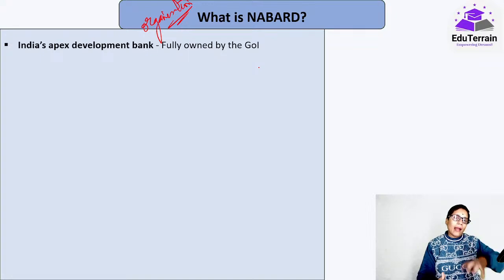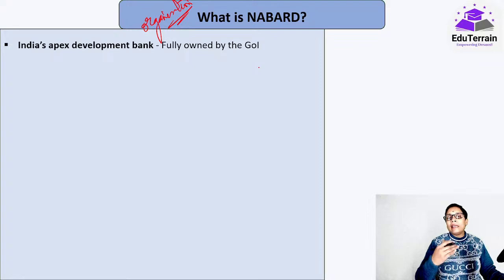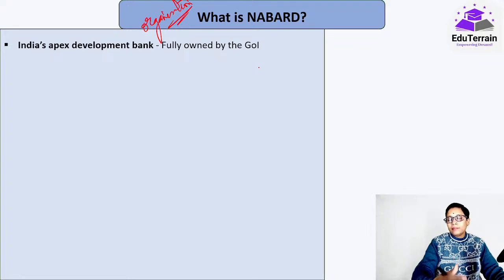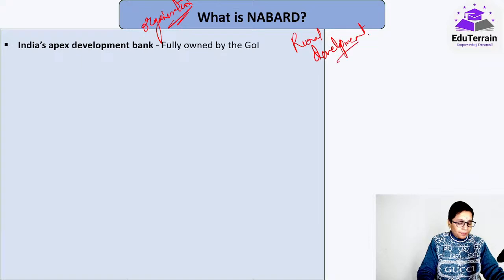Based on that, they instituted the Shivaraman Committee, and that committee suggested the launch of this bank, and thus came NABARD, India's apex development bank, especially in the field of rural development.